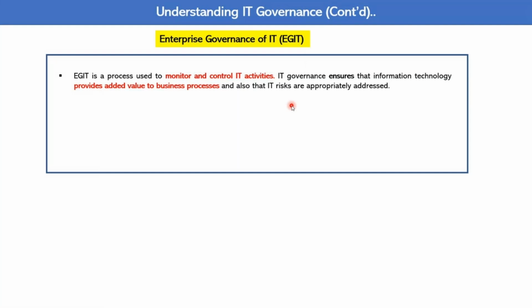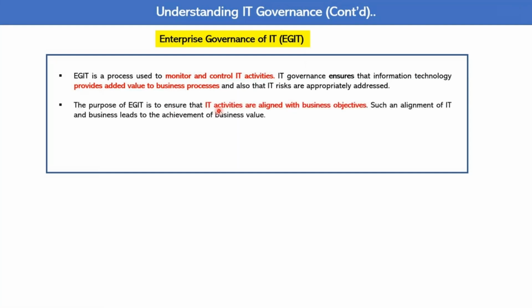What is the purpose of EGIT? The purpose of EGIT is to ensure that IT activities are aligned with business objectives. IT must always be aligned and in synchronization with business. So as governance, those who are leading IT need to always discuss various aspects with business.